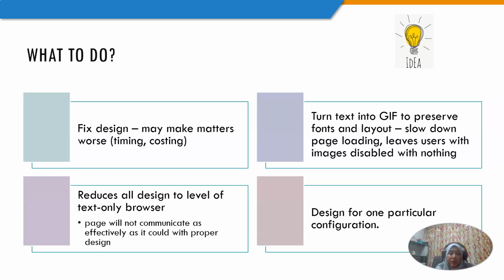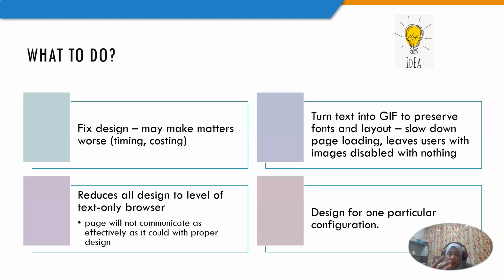Another option is to turn text into GIF to preserve font and layout. For example, the font you are using on your computer has a different name, but when you publish on the web, it cannot read that type, maybe because it is not available on the server.